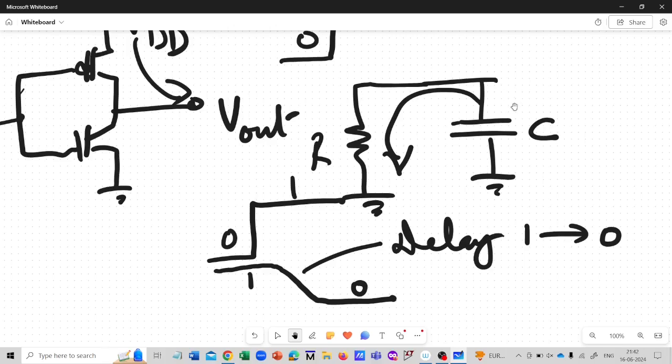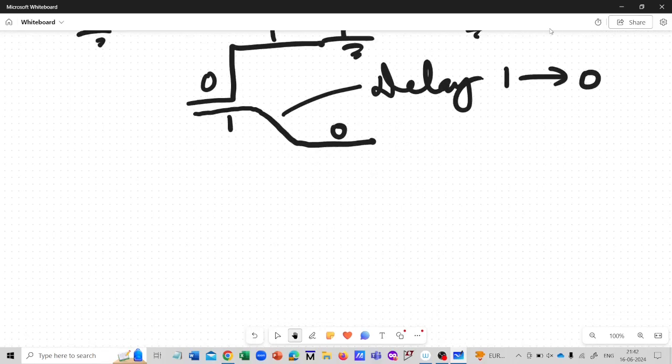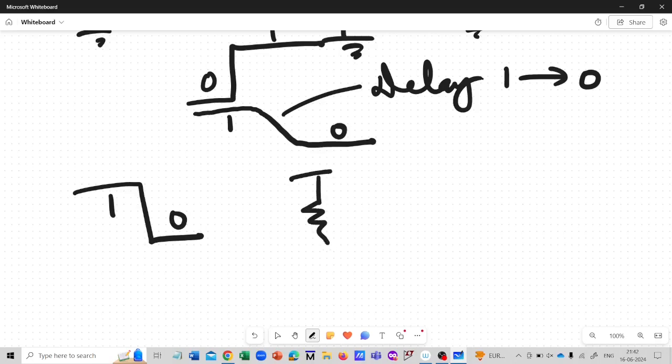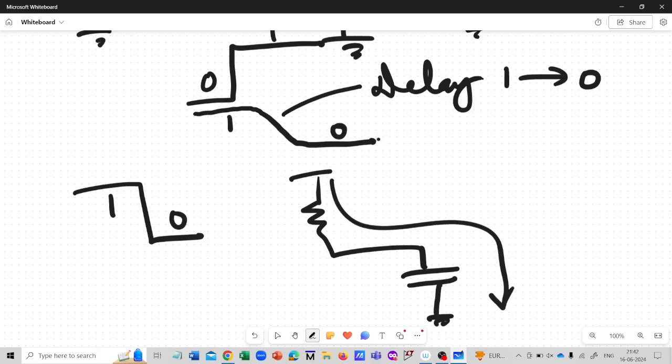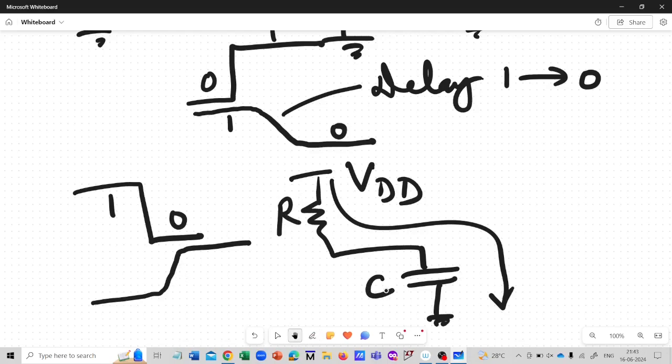Similarly, when the input is switching from 1 to 0, the reverse takes place. That means the circuit basically charges to VDD. So you have a capacitive charging where the RC path is offered by the resistance of the PMOS transistor and the capacitance of the output.